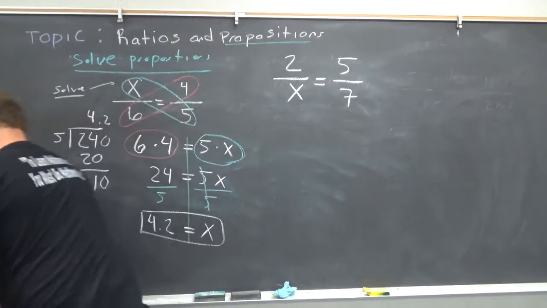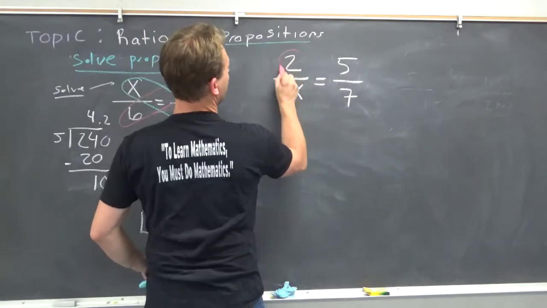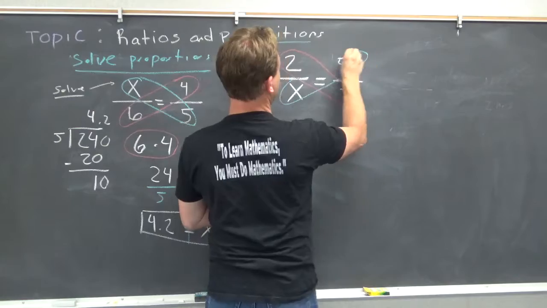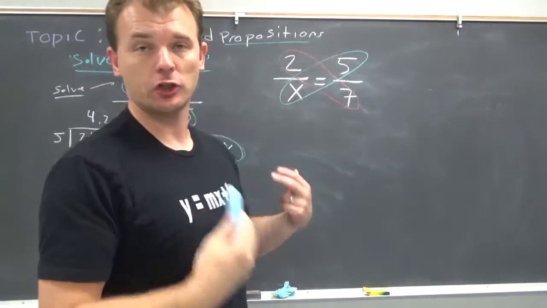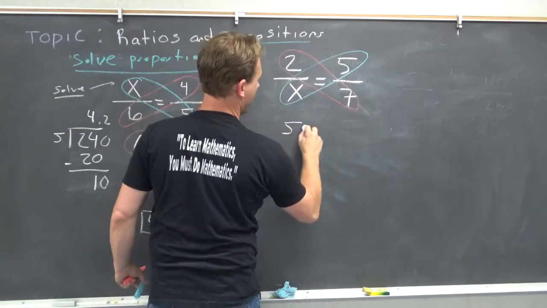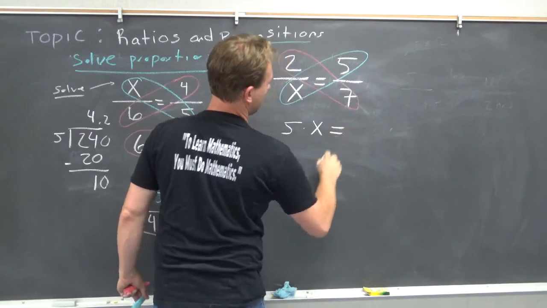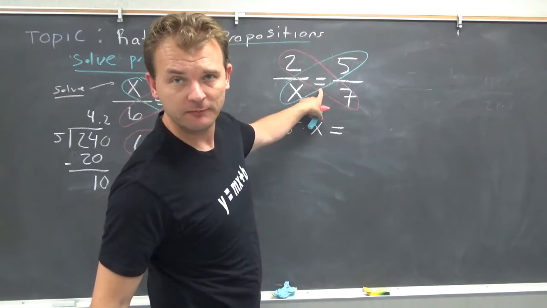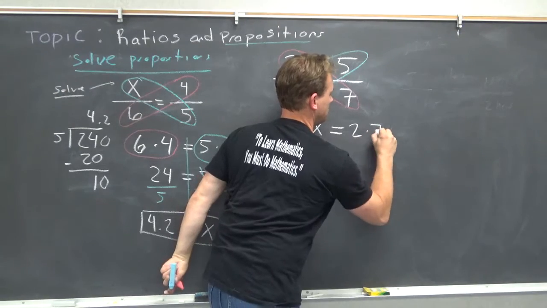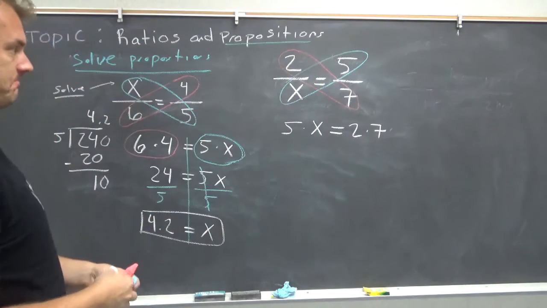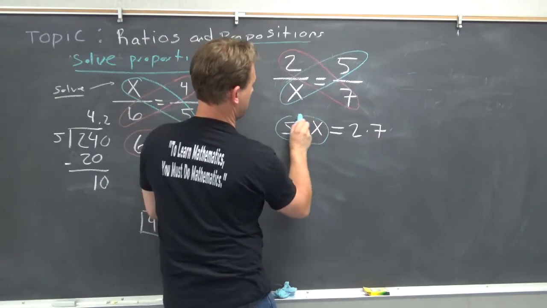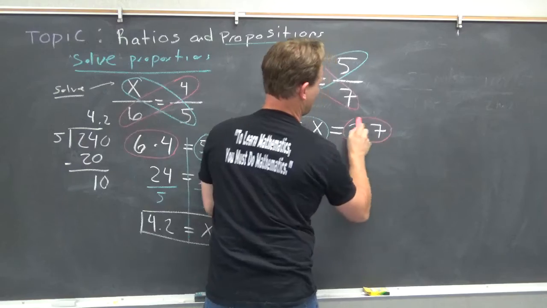So you're going to take this and you're going to take that and cross multiply them. So we have 5 times x equals, you see how we're keeping the equal sign? 2 times 7. This is that one. That's that one.